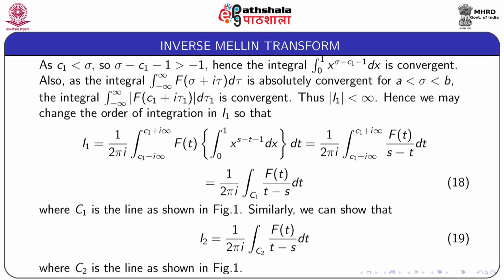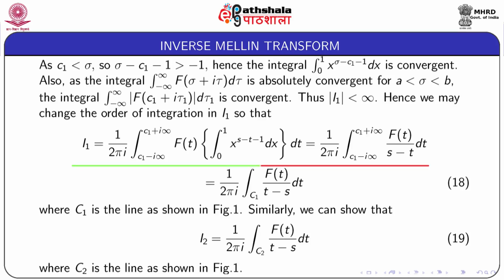Hence, we may change the order of integration in I1, so that I1 is equal to 1 by 2 pi i integral from c1 minus i infinity to c1 plus i infinity capital Ft into integral from 0 to 1 x to the power s minus t minus 1 dx dt.